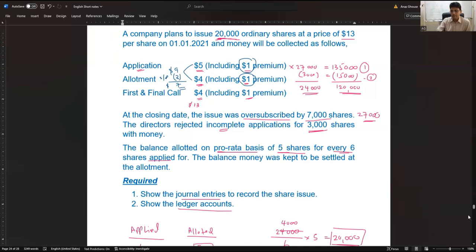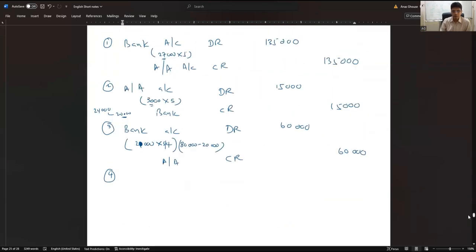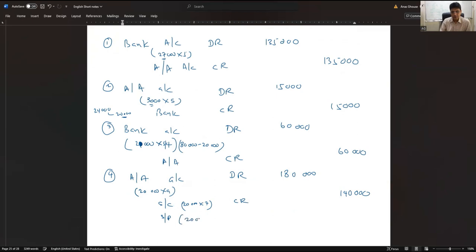Okay, so therefore, you debit the application and allotment account, which is 20,000 times 9, which is going to be 180,000. Credit the share capital account, which is 20,000 times 7, deducting the share premium. So you need to credit the share capital account 140,000, and the share premium account, which is 20,000 times 2. That's going to be 40,000. Okay.